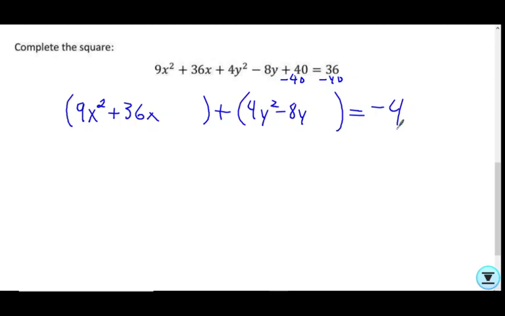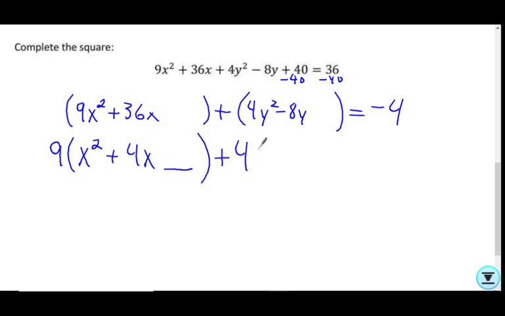Now, just like completing the square before, since we have lead coefficients, before we can start completing the square we've got to remove those coefficients. So in the x terms, I'm going to factor out 9. Factoring out 9, I get x squared plus 4x, and I'm going to need that third term, plus.